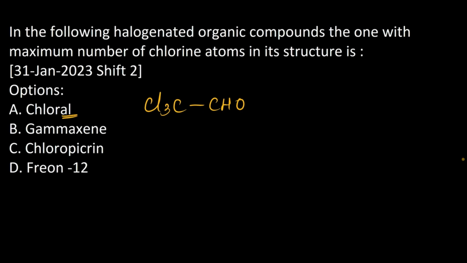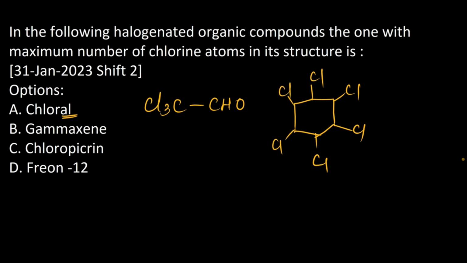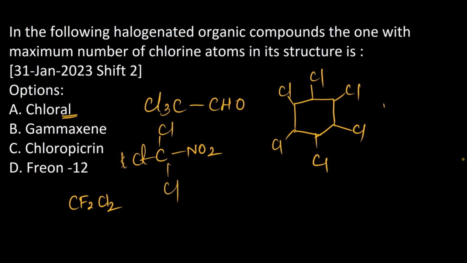Gammexane is cyclohexane with 1 Cl on each carbon. Then chloropicrin: we know picric acid, which is aromatic, but here I have a nitro group with 3 chlorines in it. And freon-12 is CF2Cl2. So obviously gammexane becomes your answer.